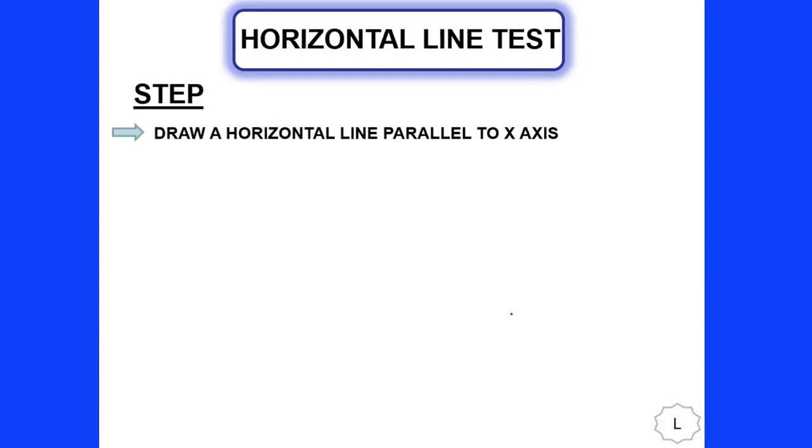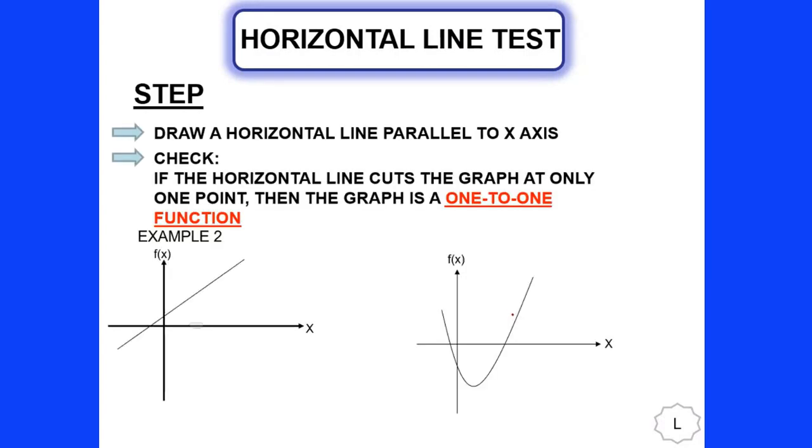Horizontal line test. Draw a horizontal line parallel to the x-axis, and then check if the horizontal line cuts the graph at only 1 point, then the graph is a one-to-one function. So we check, this is okay.